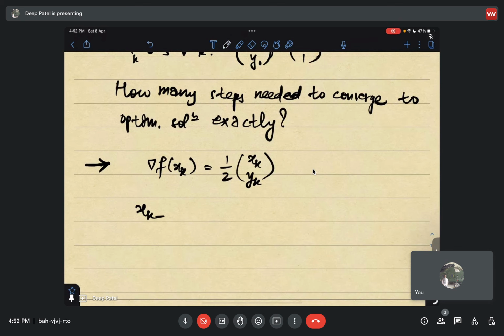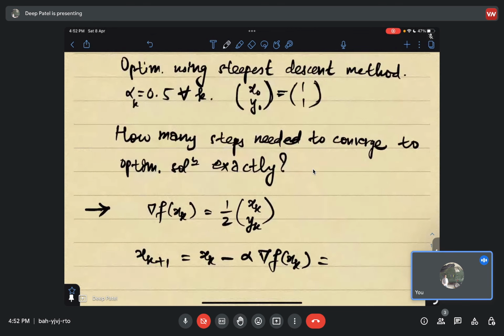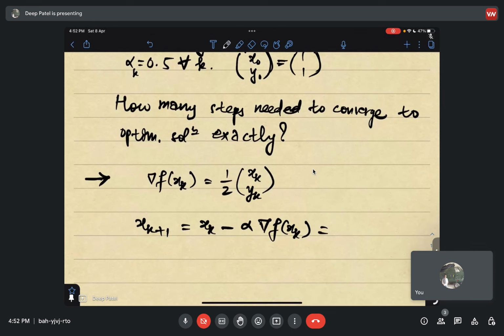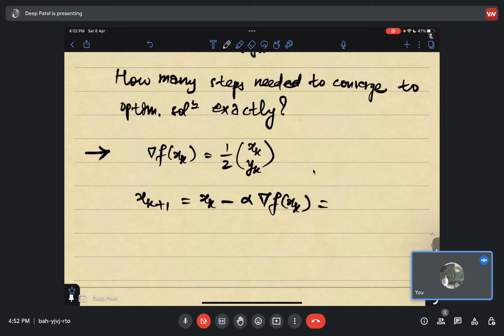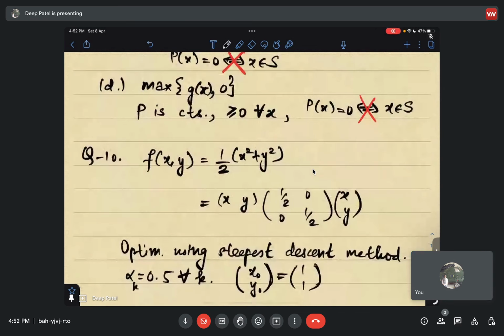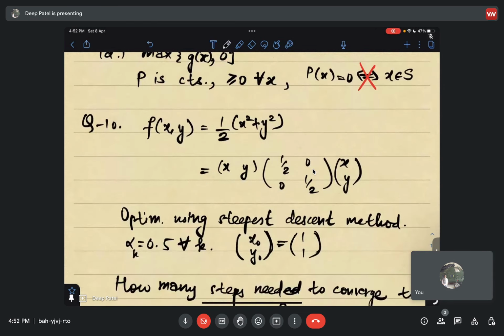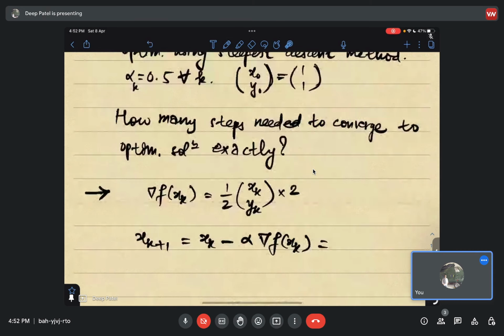And what is x_{k+1}? x_k minus alpha times the gradient at x_k, because you're using steepest descent with alpha_k as alpha, and alpha is nothing but 0.5. There should be another 2 here, I forgot. So this is a square, right? So basically x and y. It should be x and y, so I'll just remove this.